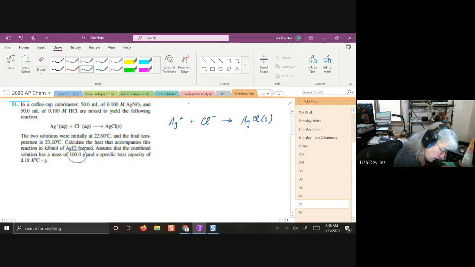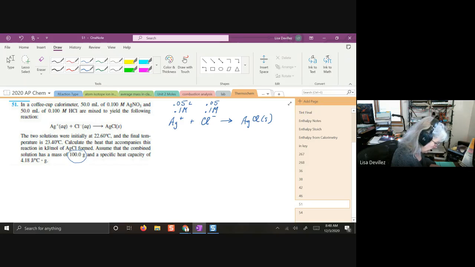So there's the silver and the chloride gives me silver chloride. And so I have 0.05 of 0.1 molar, and the same thing over here, 0.05 of 0.1 molar. So they're both going to be completely consumed because it's 1 to 1.